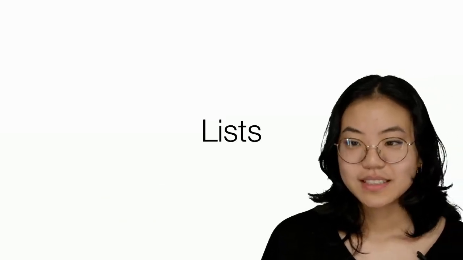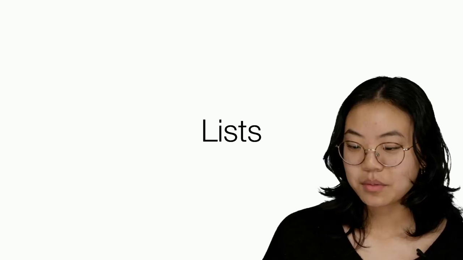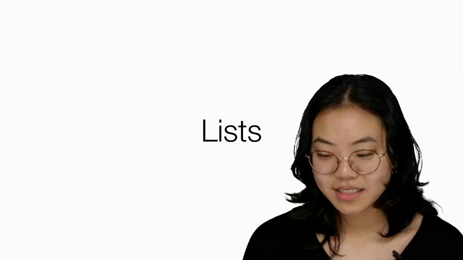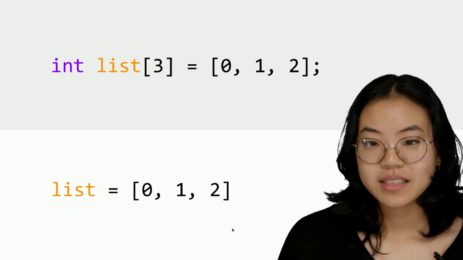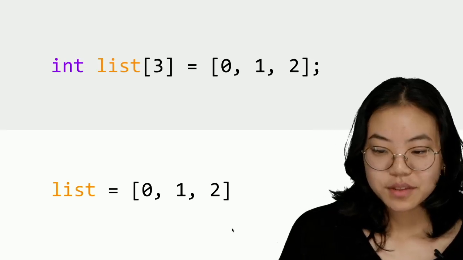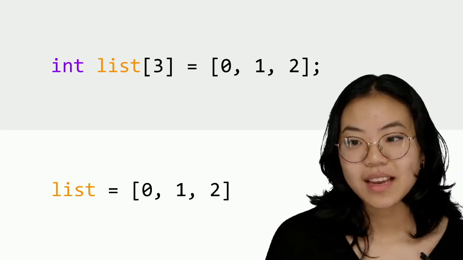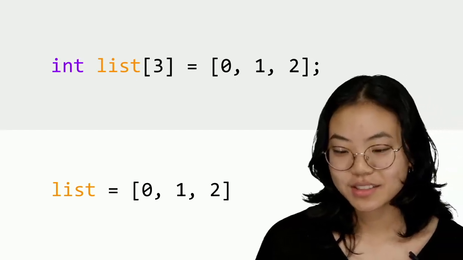Okay, so moving to lists. Lists in Python are probably most akin to arrays that we saw in C. But we also have some pretty key differences. First of all, we don't have that type declaration, so we don't need to say that this is an integer list.